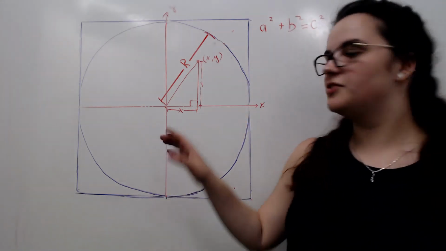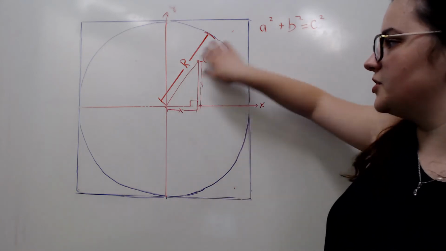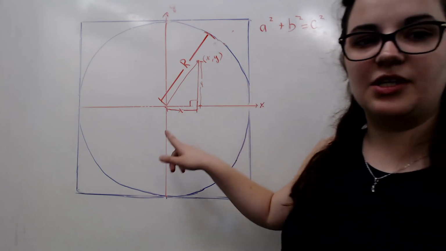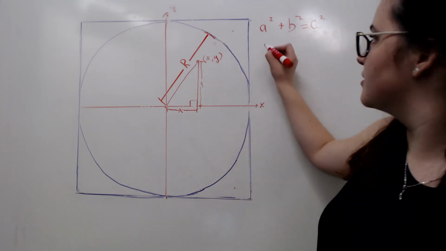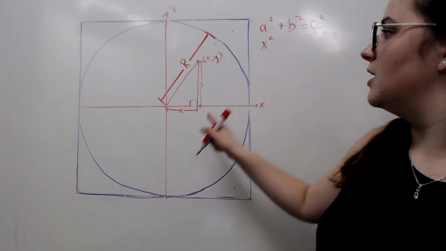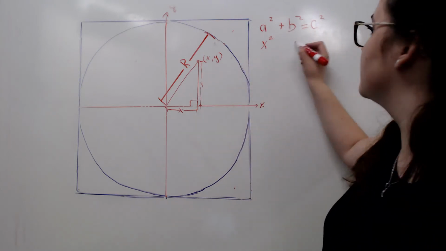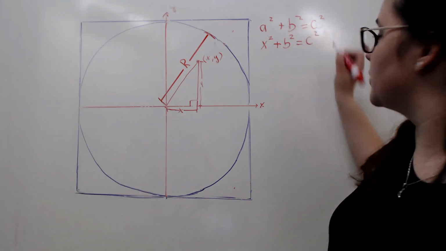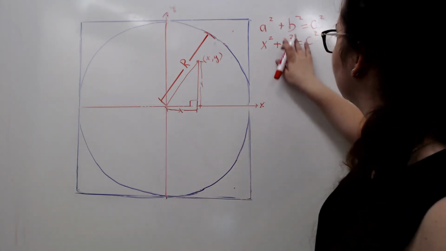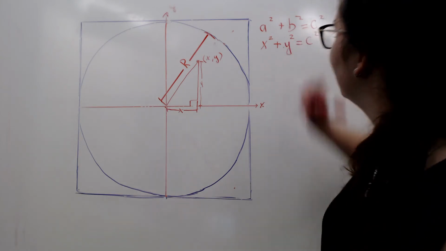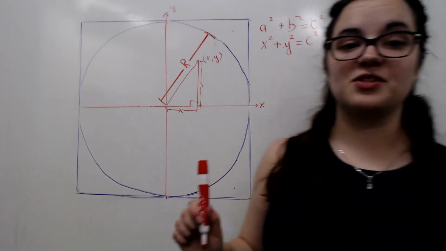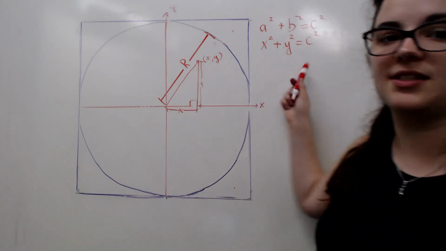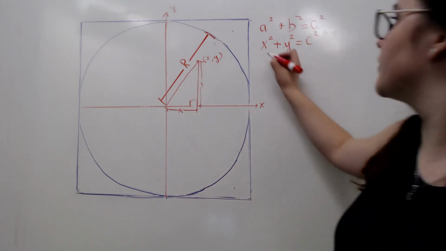Okay, so we are trying to find the distance from the origin to the point in terms of x and y. Let's plug x and y into this equation. So our a is x, so let's say x squared, and then our b is y, so plus y squared, is equal to the distance we are trying to find squared. Because we are trying to just find the distance and not distance squared, let's take the square root of both sides.